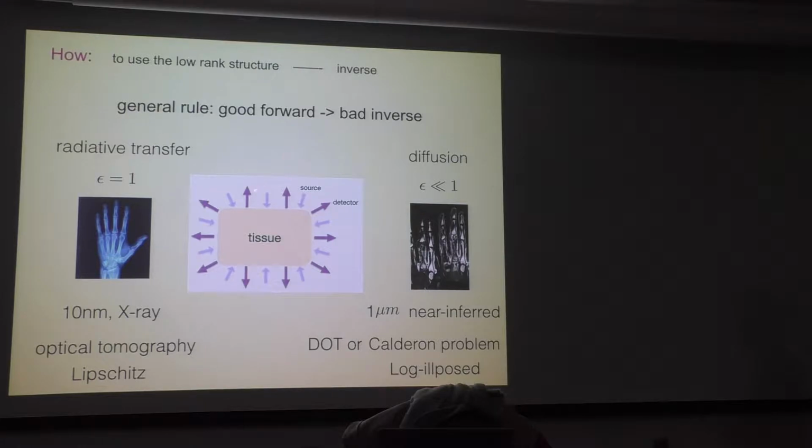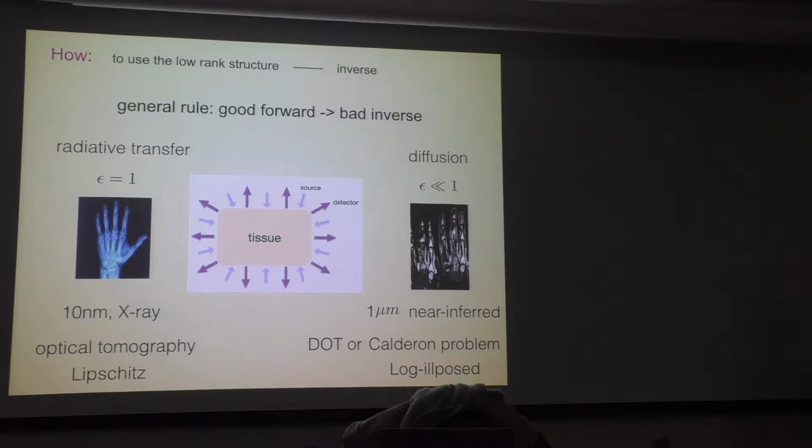Or if you shine low energy photons into the tissue, in the sense that the wavelength is much longer, or you are in the near infrared regime, then the picture is much more blurred. In this sense, people call it diffuse optical tomography, or mathematicians call it the Calderon problem. Calderon is the Argentinian mathematician who first started this problem.